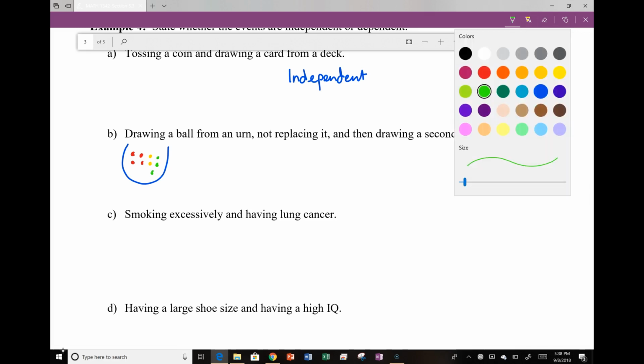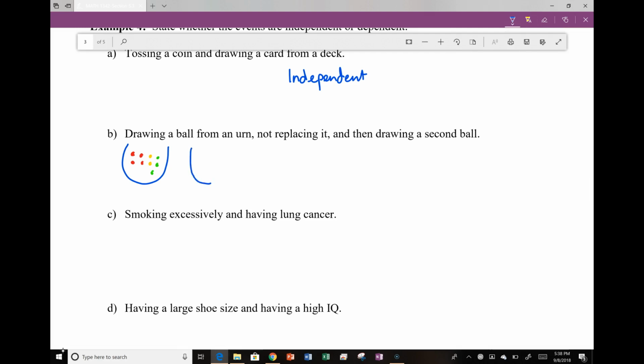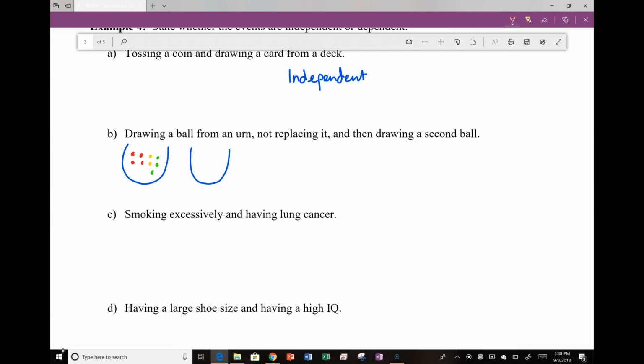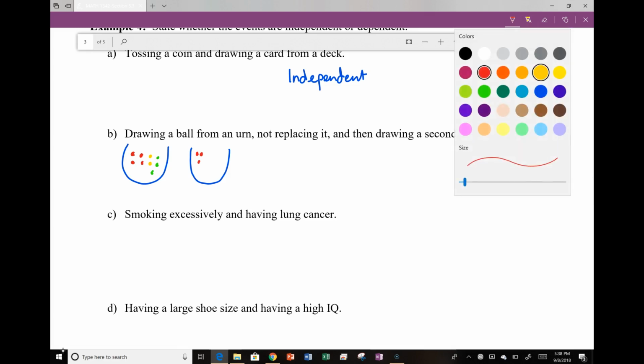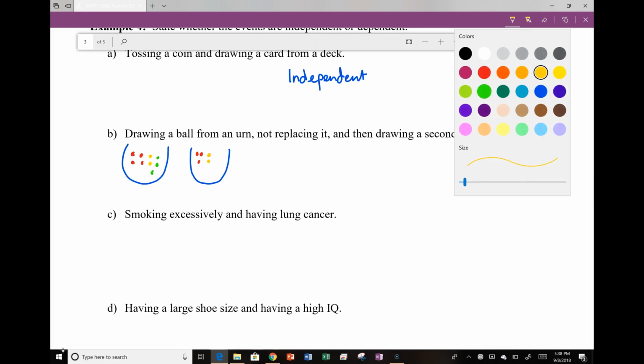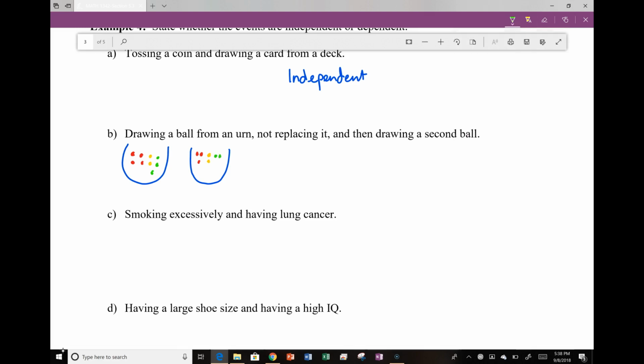Okay. If I draw one out of here, let's just say that it ended up being a red one. So that means now I only have 3 because I'm not going to put it back. I have 2 yellow ones still, and I have 3 green ones still.